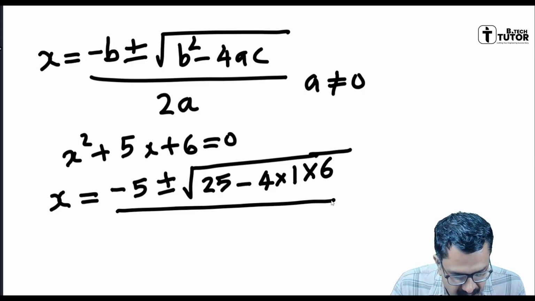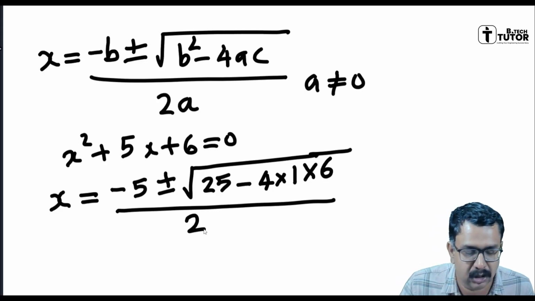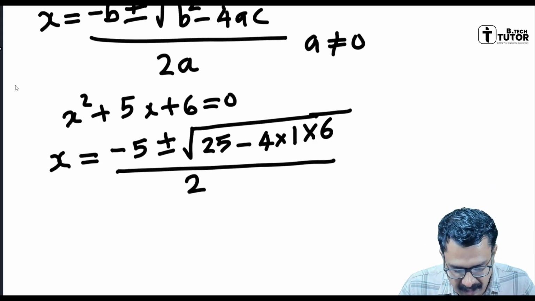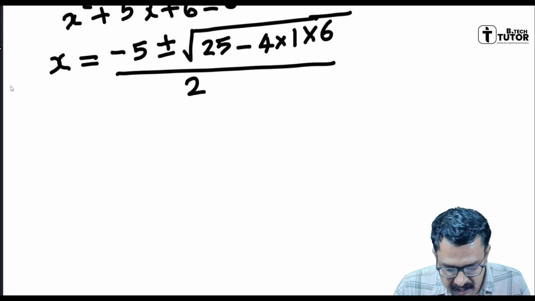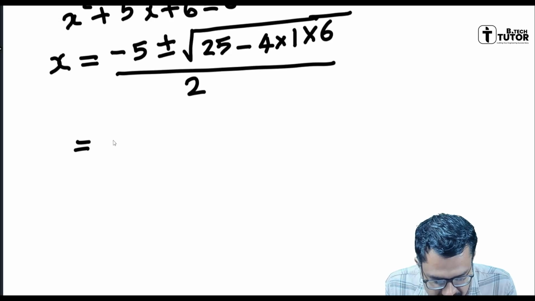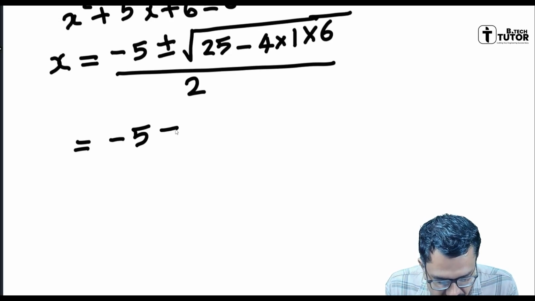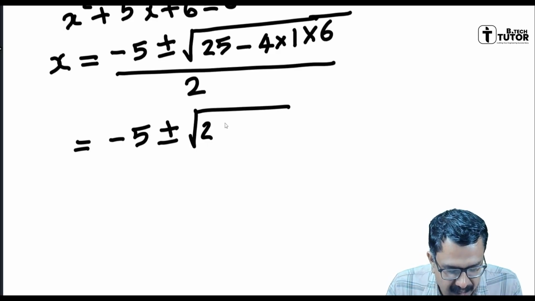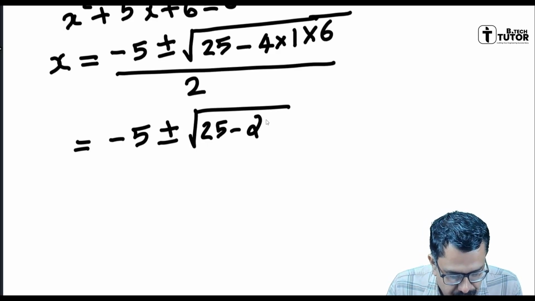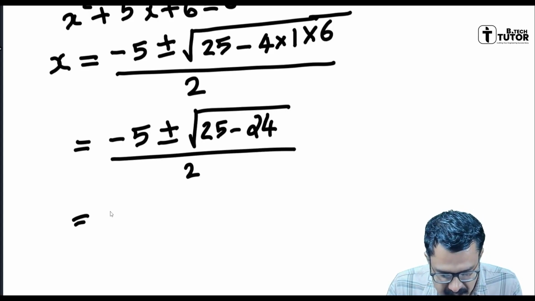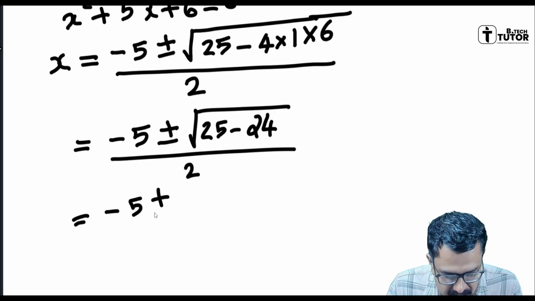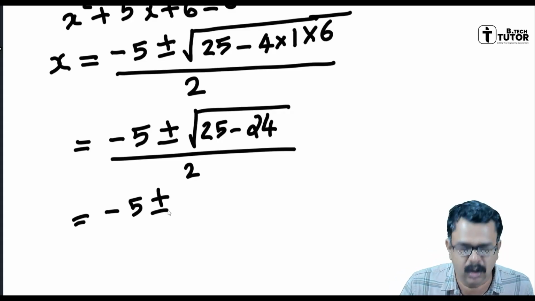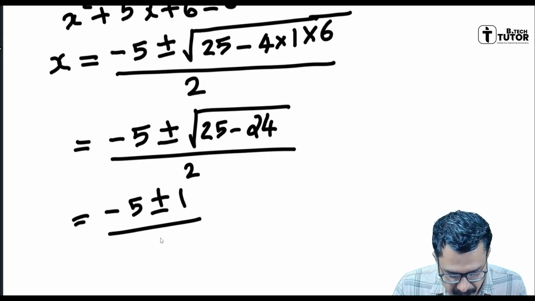The whole divided by 2a, that is 2 into 1, that is equal to 2. Next step, x equal to minus 5 plus or minus root 25 minus 24 divided by 2. That is minus 5 plus or minus root 1, that is 1, divided by 2.